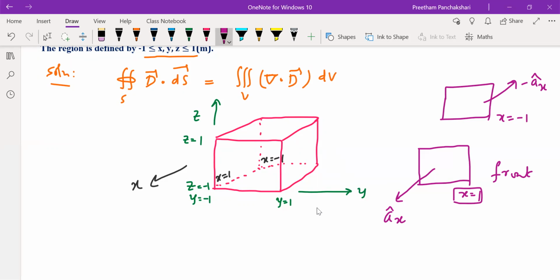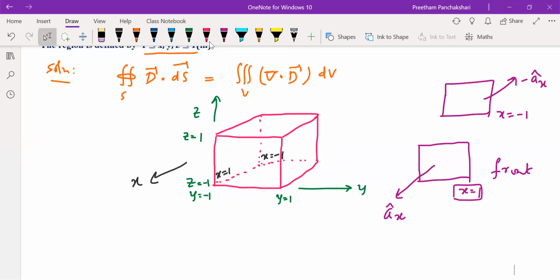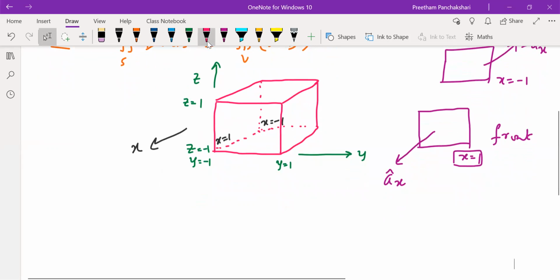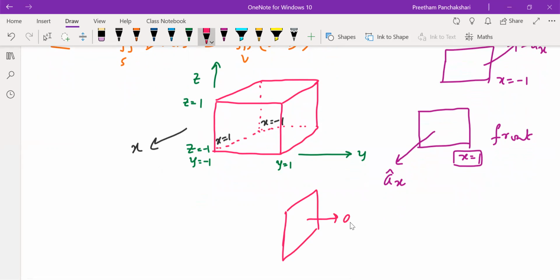Similarly, the right face of the cube, which is going this way, is perpendicular to y-axis, positive y-axis. So direction of the right face is positive y, and this right face is located at y equal to 1. The left face is located at y equal to -1, and this is looking towards negative y-axis.